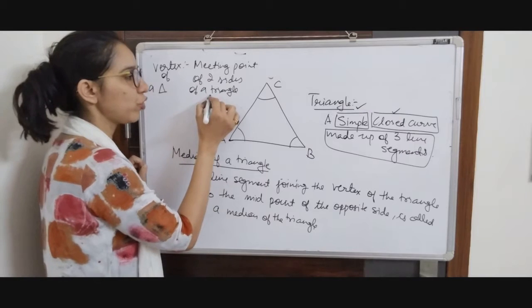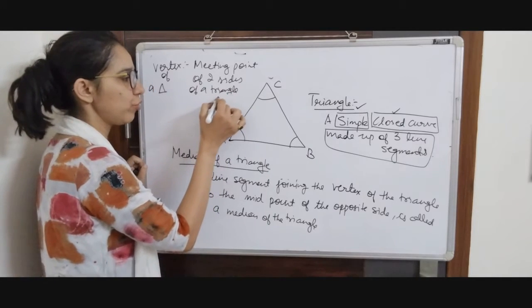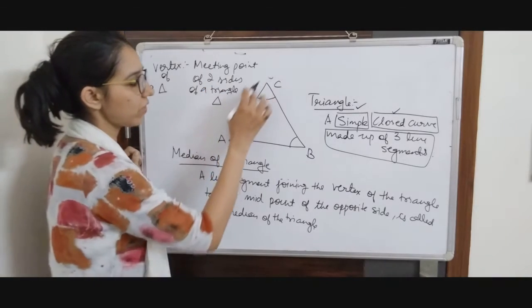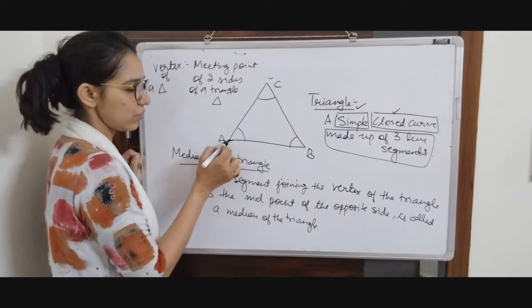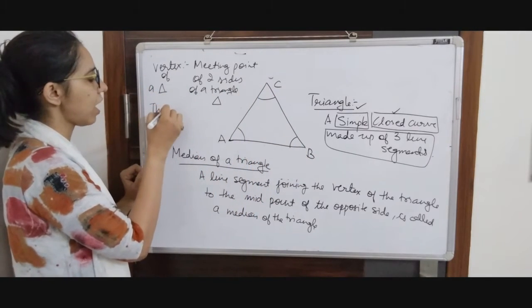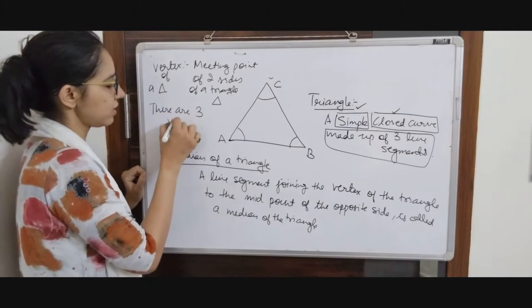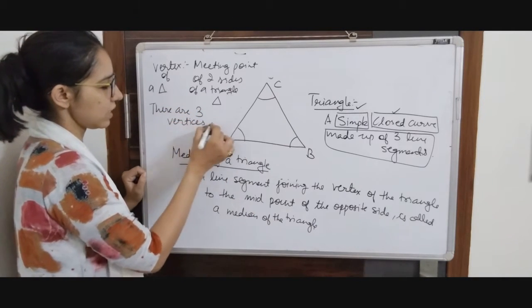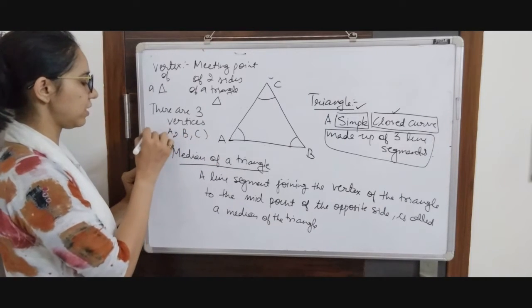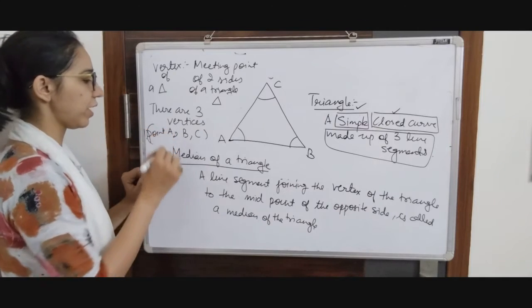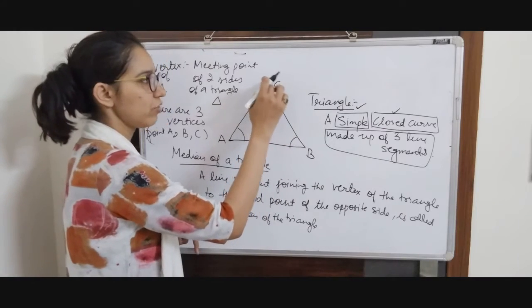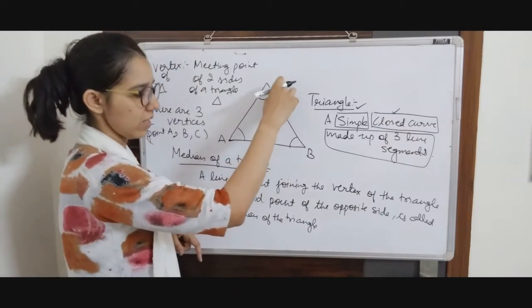Sometimes I am going to write triangle and sometimes I am just going to make the triangle sign, and it will mean that we are talking about a triangle. So these are two sides and they are joining here. This one is a vertex, this one is a vertex and this one is a vertex. So how many vertices are there? 3 vertices, and the 3 vertices are going to be point A, point B and point C. These are vertices. So a line segment joining the vertex of a triangle. Suppose we are talking about vertex C.